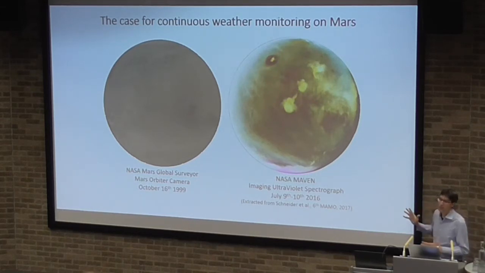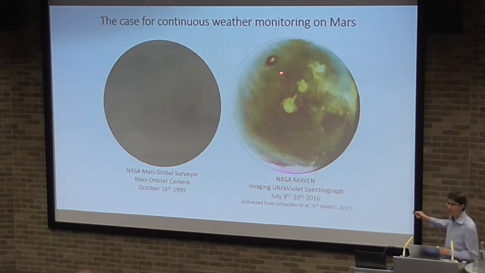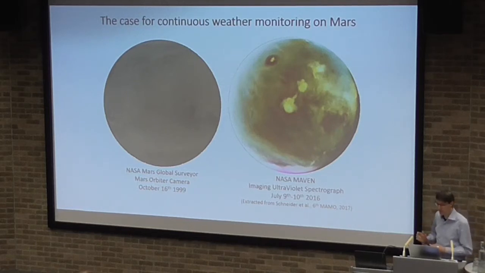What you see, or what you can't see actually, on the left, you're supposed to see a dust storm going on at that time. It's not very clear, but don't worry. In a second, I will show you something that makes it clearer. On the right, you definitely see some very nice water ice clouds forming at the top of the volcanoes. Okay, if you saw the image clearly, you will see some storms as well.